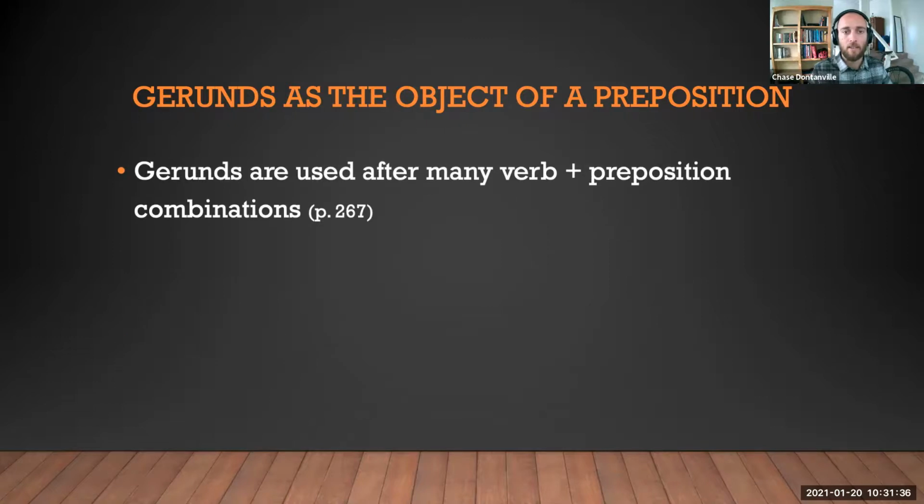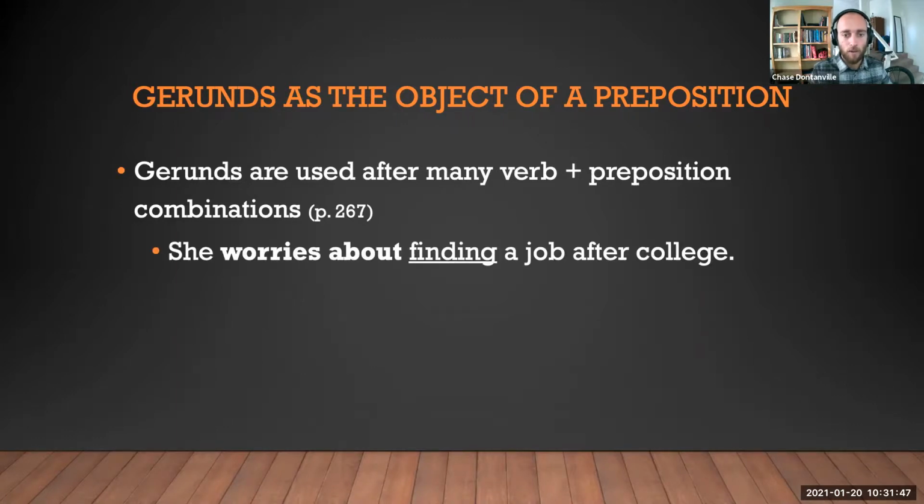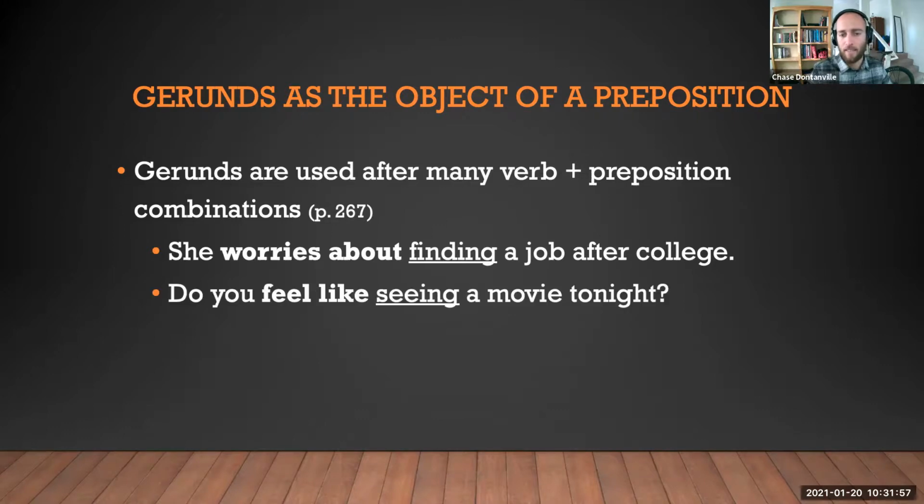So as I said, gerunds are used after many verb and preposition combinations. And if you look at page 267, you'll see more examples. I will give you a few. So she worries about finding a job after college. So worry about, ing. Do you feel like seeing a movie tonight?